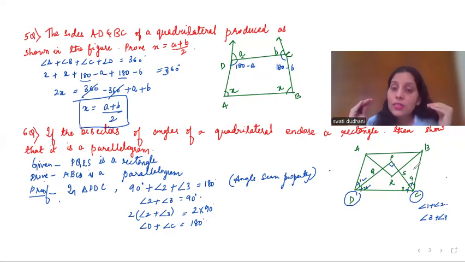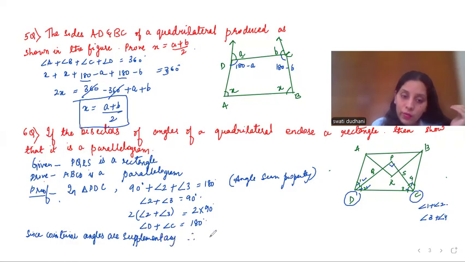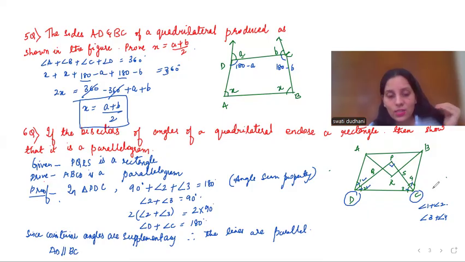But here, since the co-interior angles are supplementary, therefore the lines are parallel. So I can say from this that AD is parallel to BC, and DC is a transversal. Right? We have proved one pair.